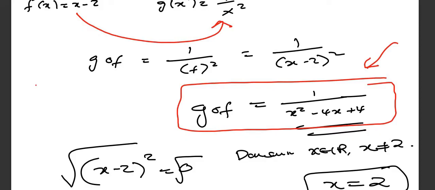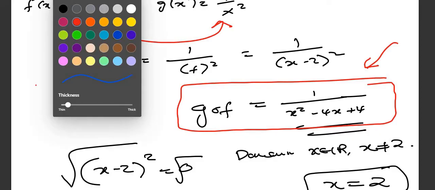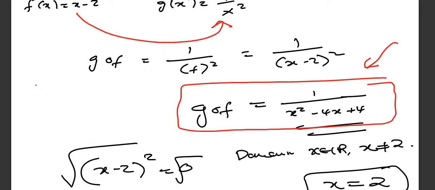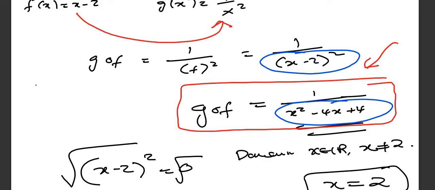Now this part here, let me use blue. This part here, x minus 2 squared, is exactly the same as this. So instead of trying to solve this using product sum of factors or the quadratic formula, I'm deciding to solve the initial thing, what it was before it became so big, which is just x minus 2 squared.